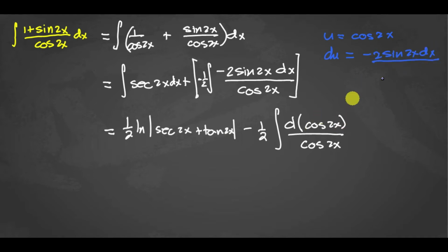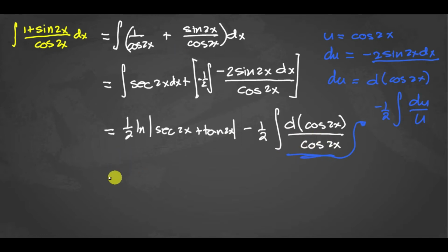Then we could write this as du all over the derivative of cosine 2x. In this term we have the negative 1/2 integral of du all over u. So this is also okay to write in this kind of solution.